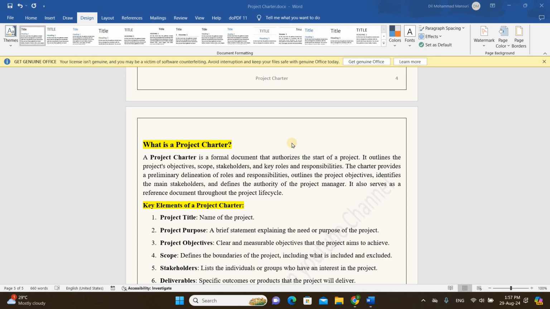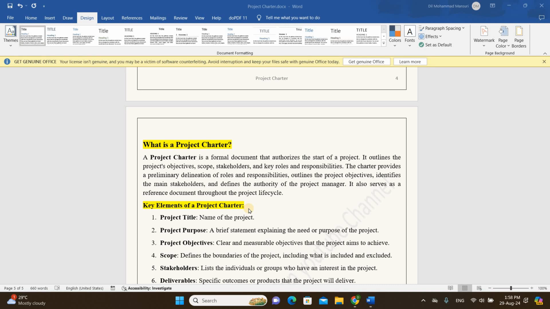I think we all have to prepare it, whether on-site engineers or those related to the construction project, because it will give you an overall idea of what the project is all about. From the definition you can understand that it briefly indicates the stakeholders, key roles and responsibilities, and the scope. So, the key elements of a project charter.